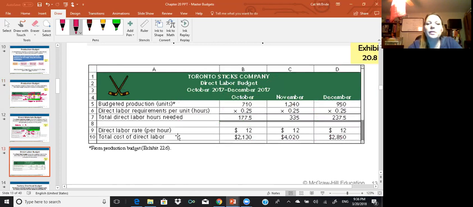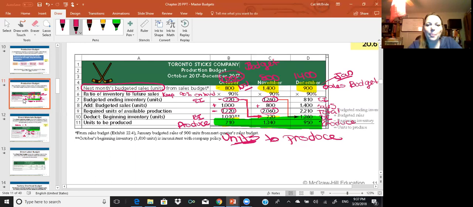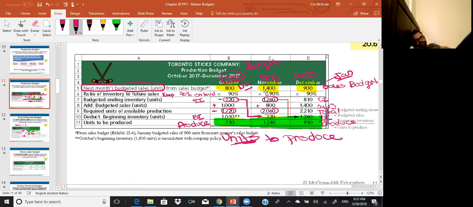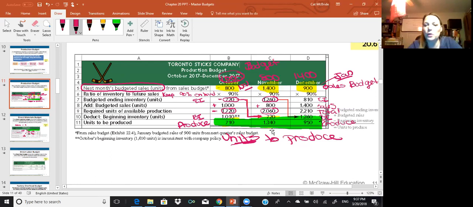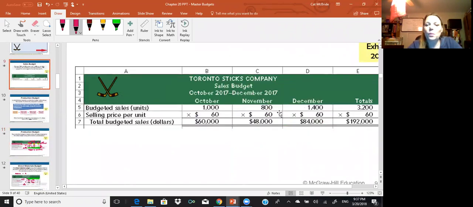All right, remember when we looked at the production budget? We needed to produce 1,340 units in November and only 950 in December. Because with our sales budget, we're selling 1,400 in December and only 800 in November.